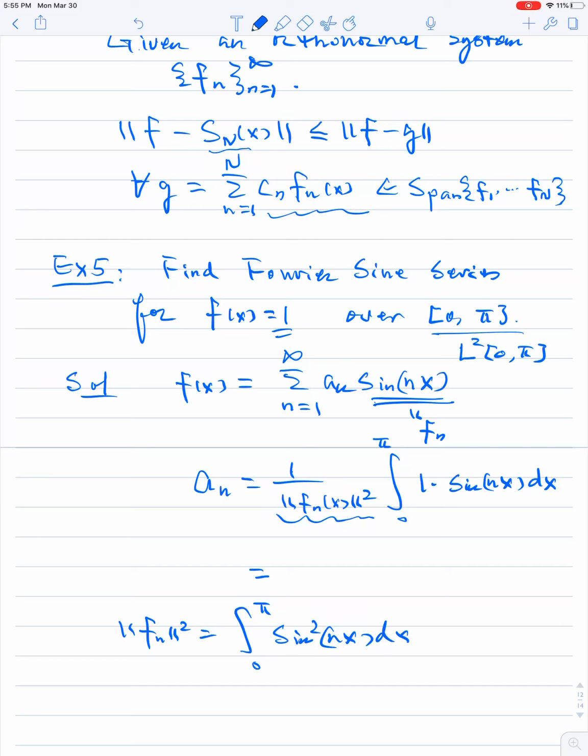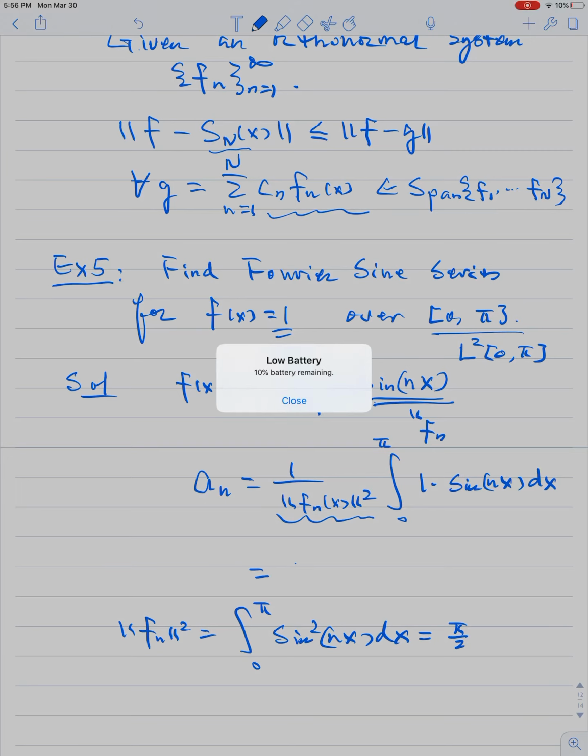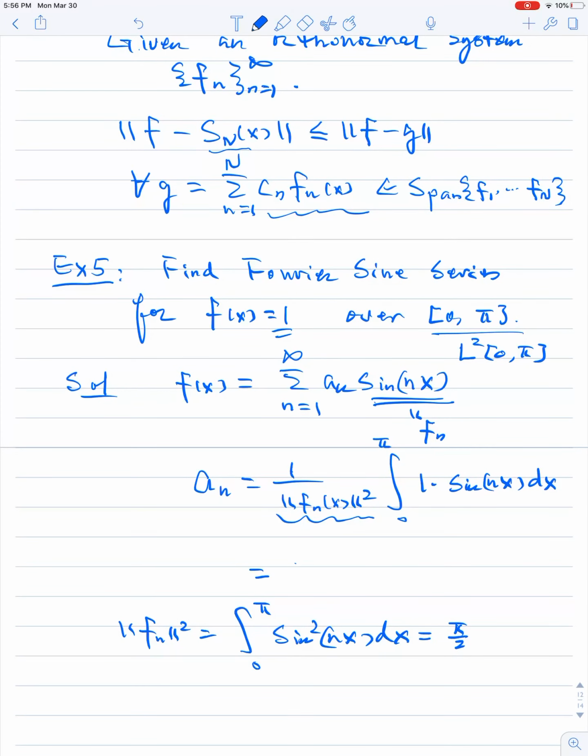If you remember, this is pi over 2, so the reciprocal of this is 2 over pi, and this integral of course is negative cosine nx over n, from 0 to pi.